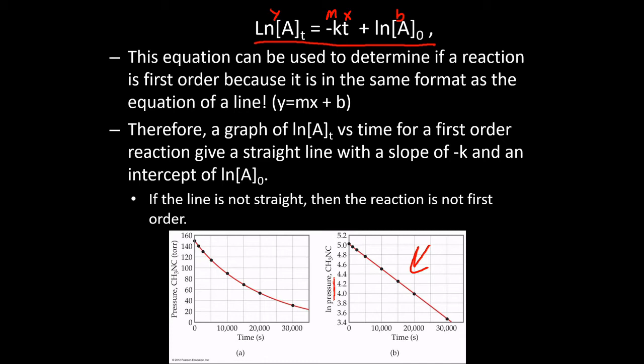Now, if you plot the natural log of the concentration versus time, and you do not get a straight line, that means you have some other order of reaction. Could be 0, could be second, could be a few others as well. 0 and second are the most common, though. So that's a nice way to work out what the order of a reaction must be just by looking at the graph of the integrated rate law.